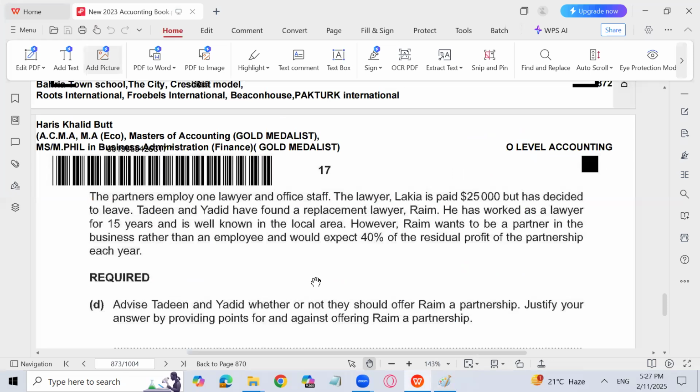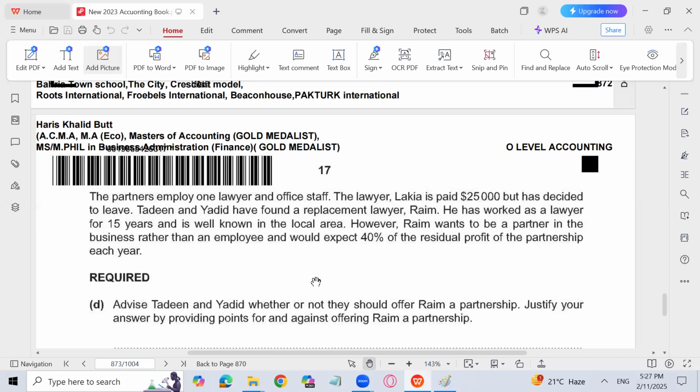He will introduce capital into the business, so the business size will increase. Then he is a well-known person in the local area. He would be able to promote the business more efficiently. So market share will increase or more customers will be attracted if he comes as a partner.